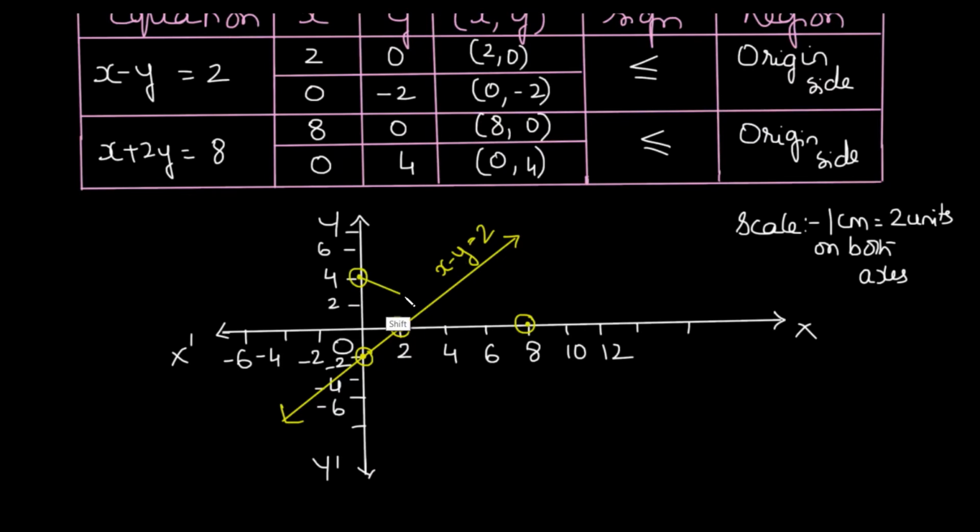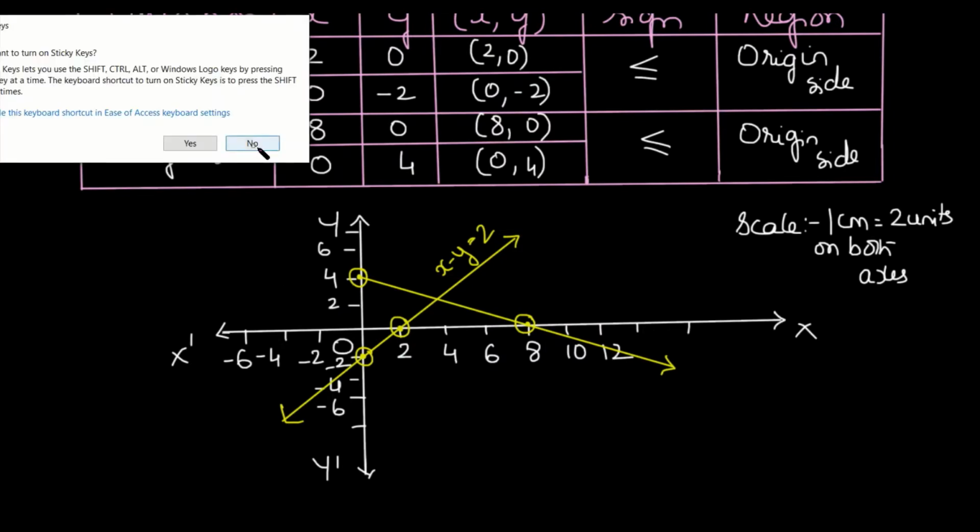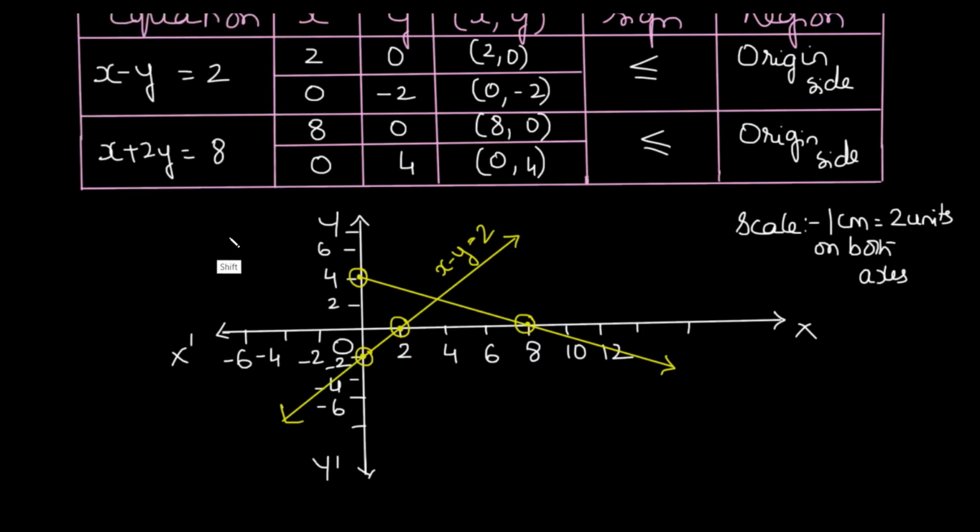Those who have been paying attention would have understood these sums by now and would be finding them easy. Once you do a few sums, there is no need to practice each sum. This way, the equation is x plus 2y is equal to 8 for this line.